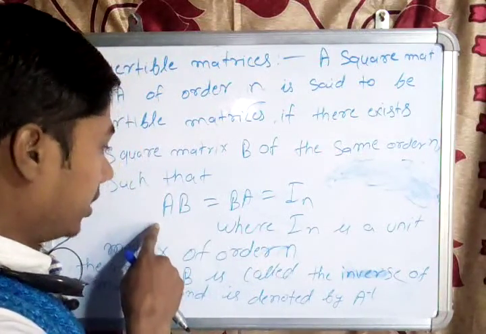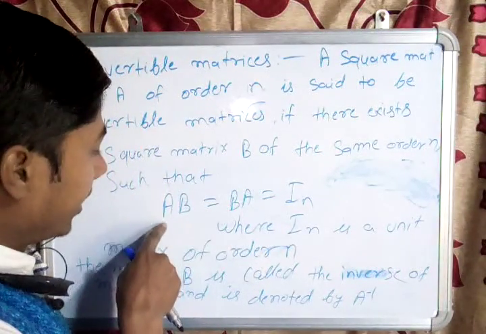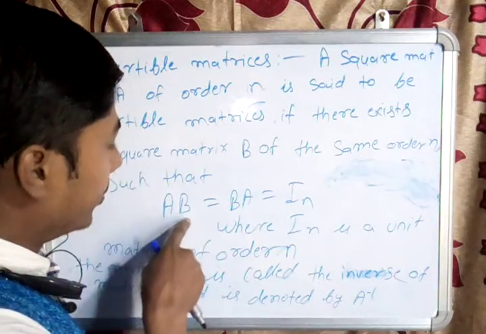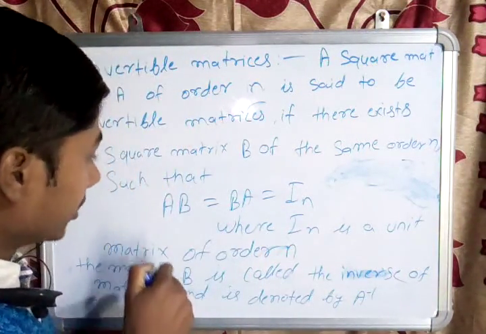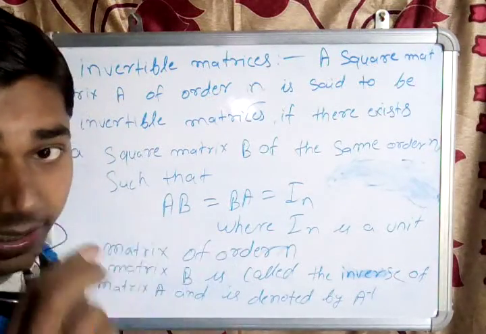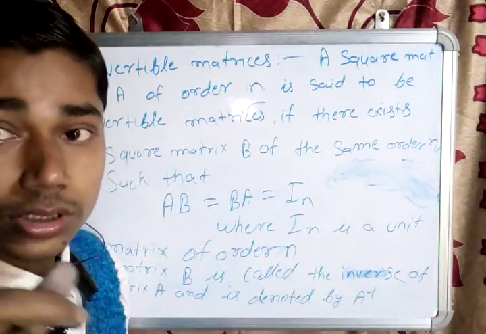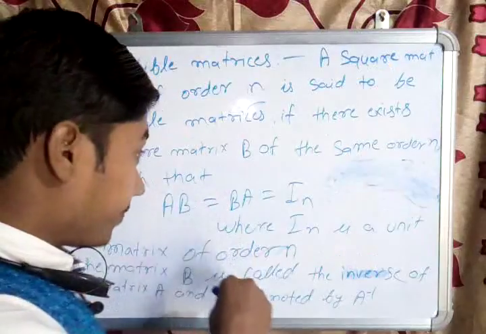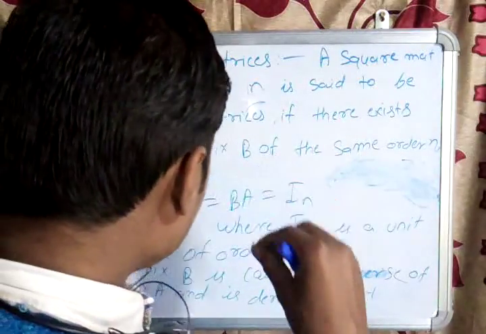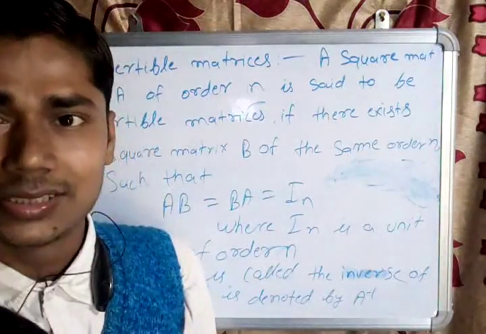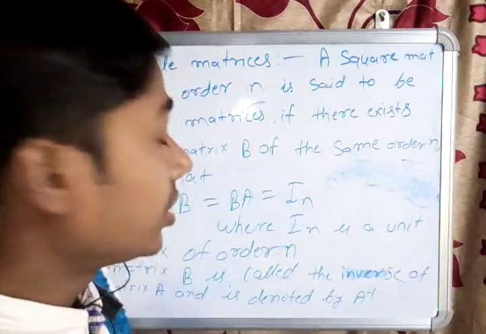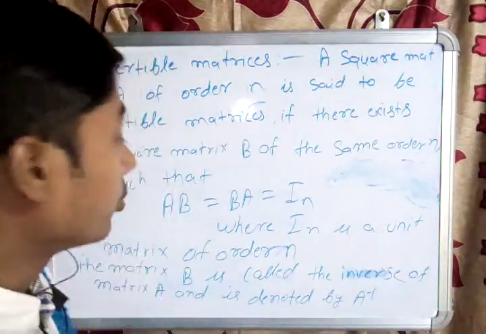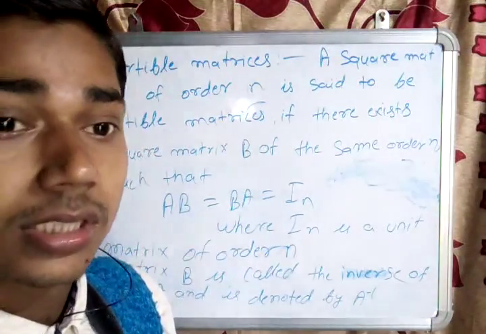We know that AB is equal to BA. We can write this because I have read about commutative multiplication.